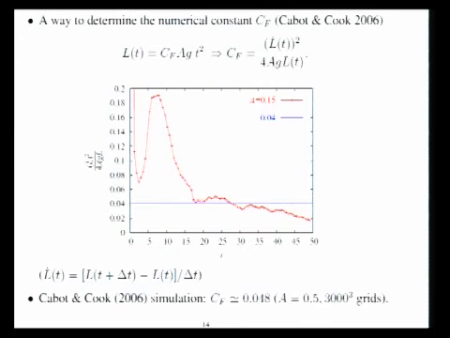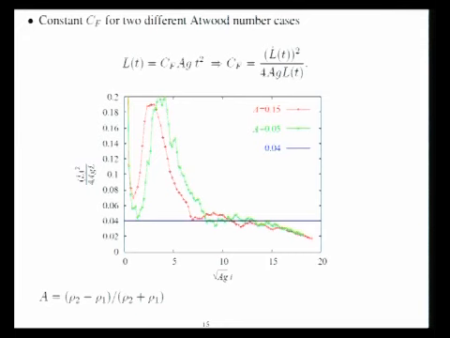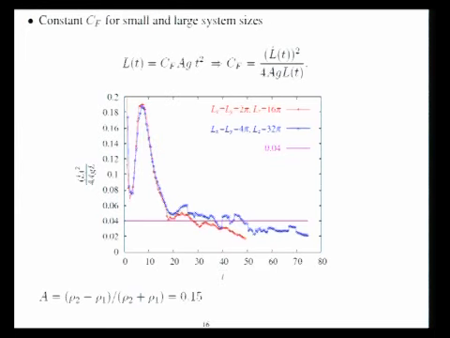This value around 0.04 is close to the simulations by other groups. I also tried a different Atwood number. The Atwood number appears here, and this object gives a rather similar constant. So I'm sort of happy, and I enlarged the domain size.